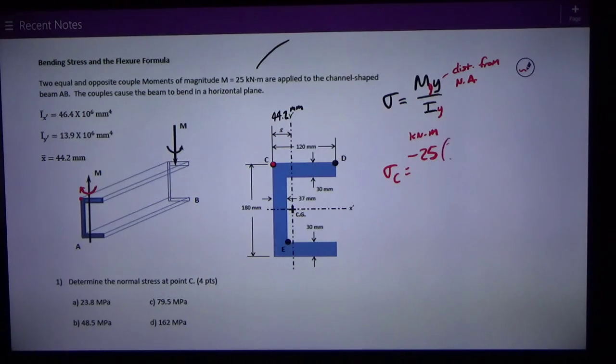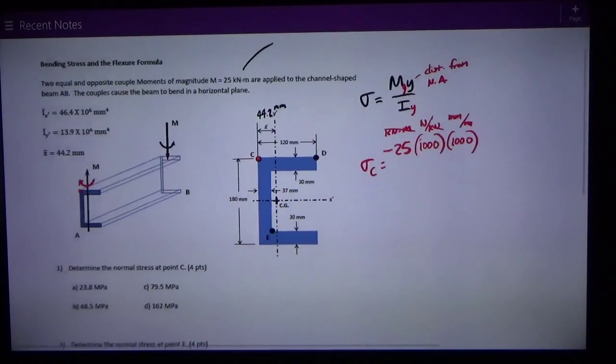So I'm going to multiply by 1,000 to get it into newtons. That's newtons per kilonewton. And then I'm going to multiply by 1,000 to get it into millimeters, which is millimeters per meter. So now I've got newtons and millimeters for my moment, 25 million.